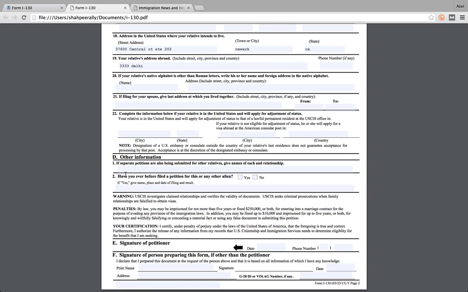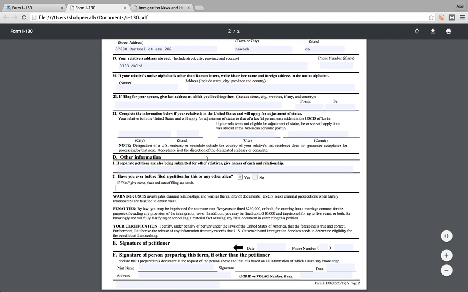And then this is another question: have you filed a petition before in any other area? This is very important because they will look if there's some kind of fraud involved, or also on your affidavit of support, this will be considered as a situation where they will have to check if you have enough money to meet the requirement.